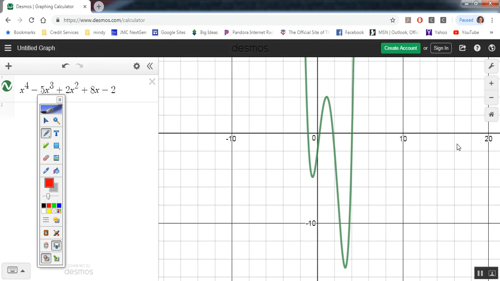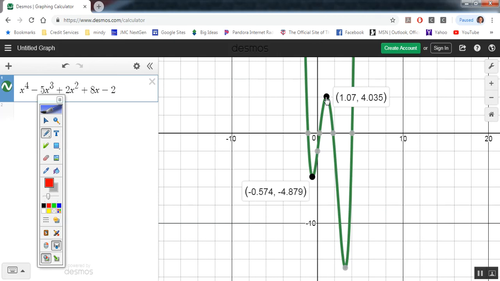So the first thing we're going to do is find all of the turning points. You have to identify local mins and local maxes. So looks like to me this point would be what type of point right here, kids? Okay, so what was the degree of our function here again, kids? 4.